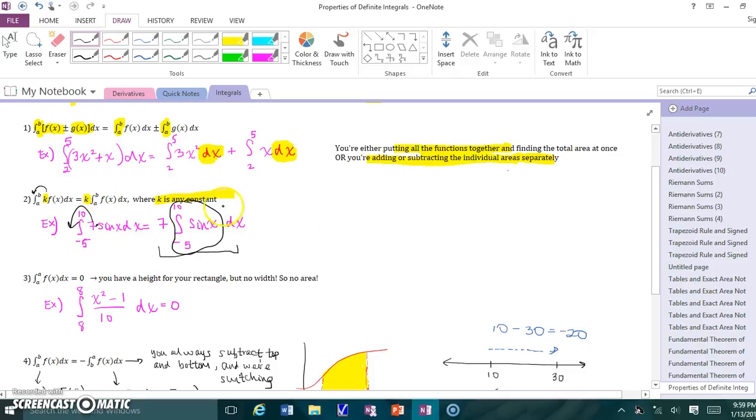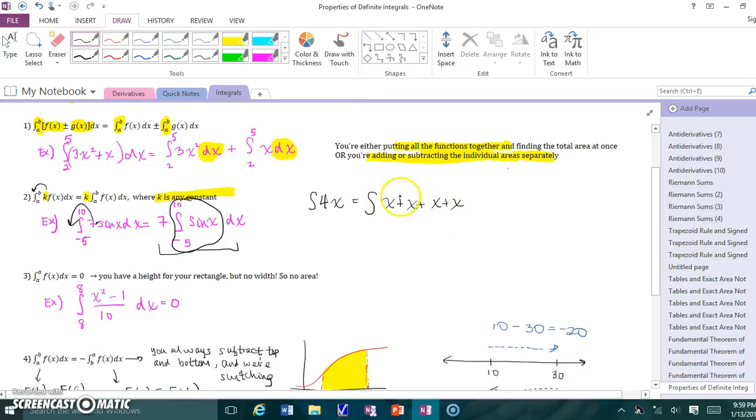It also makes sense because you're basically using rule number 1 here. Let's say I had the integral of 4x. That's the integral of x plus x plus x plus x, and I shouldn't forget my little dx's here. And using property number 1, if I have a bunch of little areas added together, I can break them up into separate ones, so 2, 3, 4.